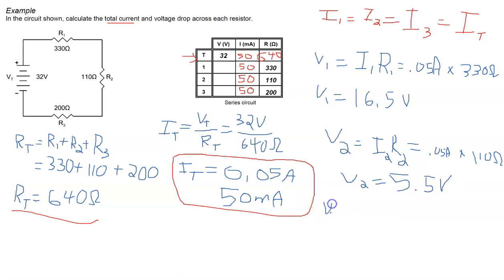And so now apply Ohm's law to resistor 3. V3 is equal to 0.05 amps for I3 multiplied by R3 at 200 ohms, and V3 is equal to 10 volts even.